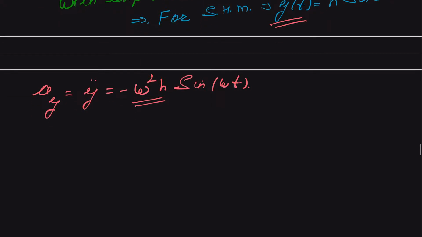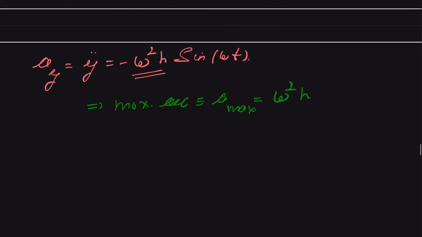Therefore, we can say that the maximum acceleration, that is a max, is equal to omega square h. Okay, let's substitute the value of omega and then we come to the next part.